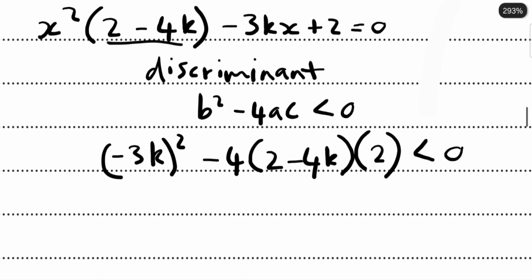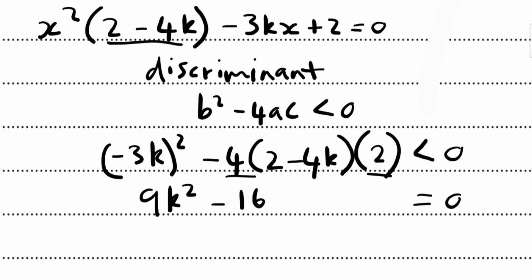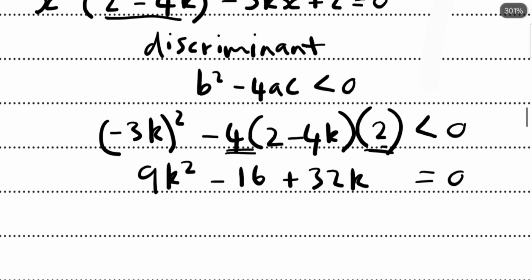But we're just going to use an equal sign so that we get the critical values. So this would be 9k squared. Then this is minus 8 times 2, minus 16. Then this times this, that's minus 8 times 4, that's plus 32k, should be equal to 0.